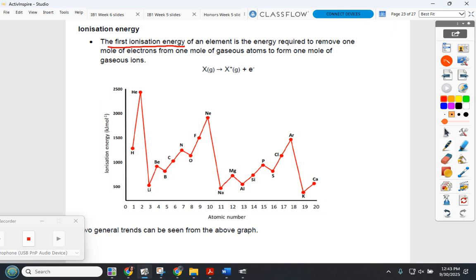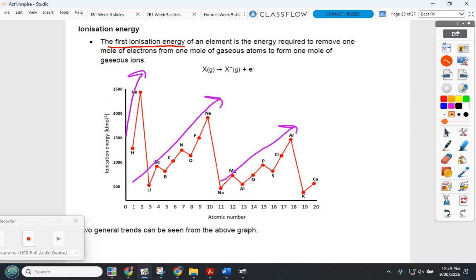So they point out below this that there's basically two trends happening when we look at a graph like this. One of the trends is that as we go across a period, we increase the ionization energy, right? And that happens here, and here, and here.